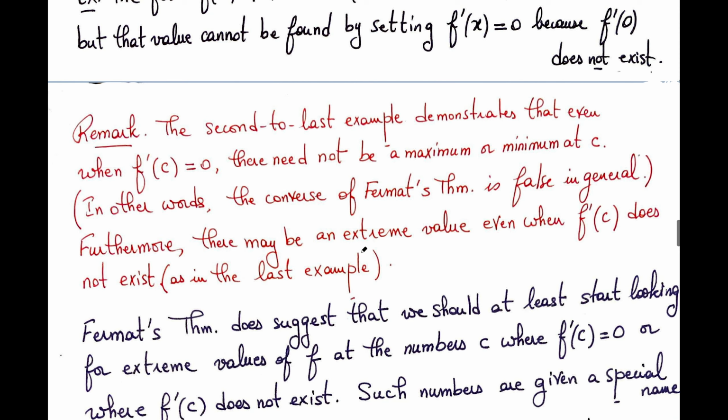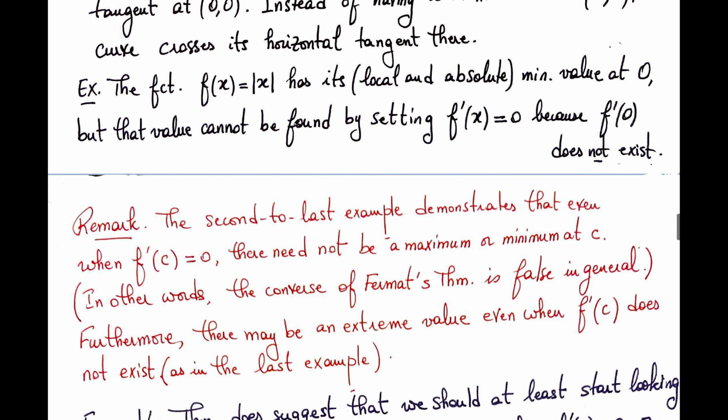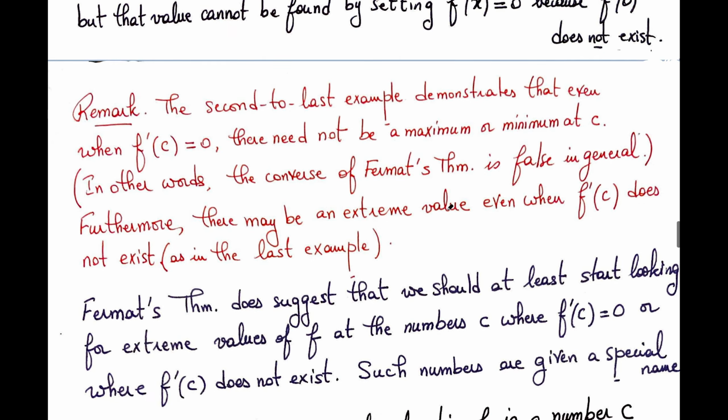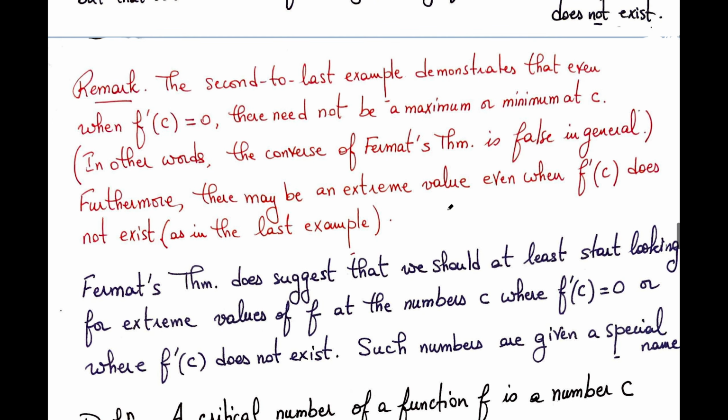Furthermore, there may be an extreme value even if f prime of c doesn't exist, like in the absolute value function case, right? F prime of 0 doesn't exist, but at 0 the function has a global minimum or an extreme value. All right.